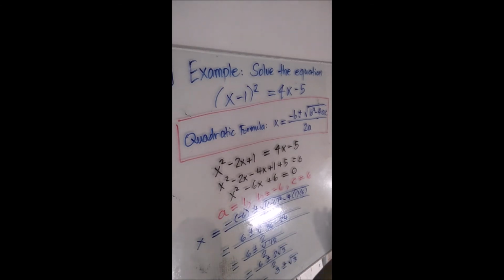So we have x is equal to 3 plus or minus square root of 3. What is now our solution set? Our solution set is 3 minus square root of 3 and 3 plus square root of 3.